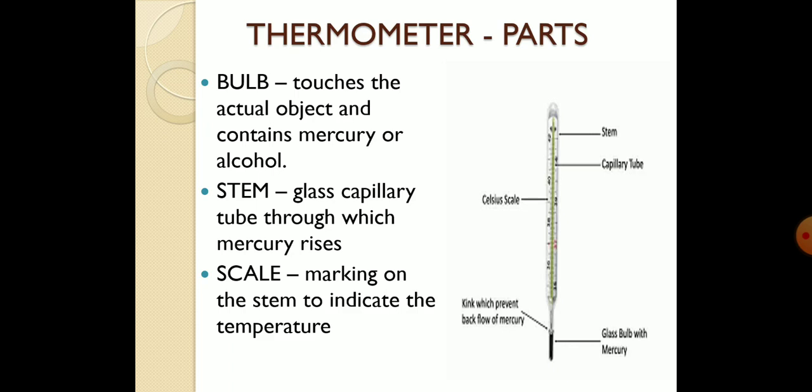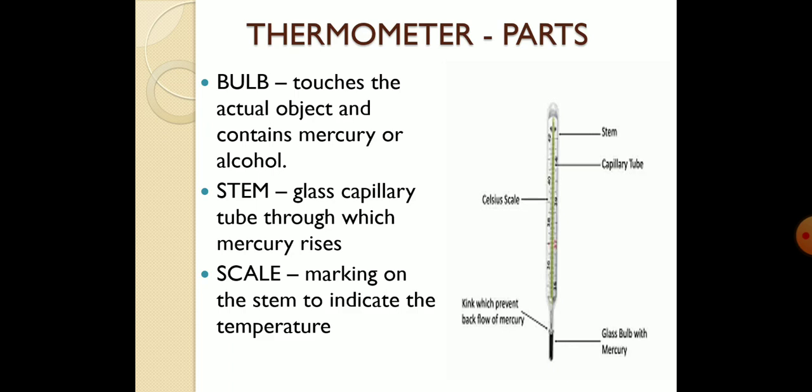Then the stem is the long tube. In the tube you have a glass capillary. Capillary means a very thin tube. You have seen the pipes going through your houses, right? It carries water. The size of the pipe will be half inch or 3 by 4 inch, all in inches.